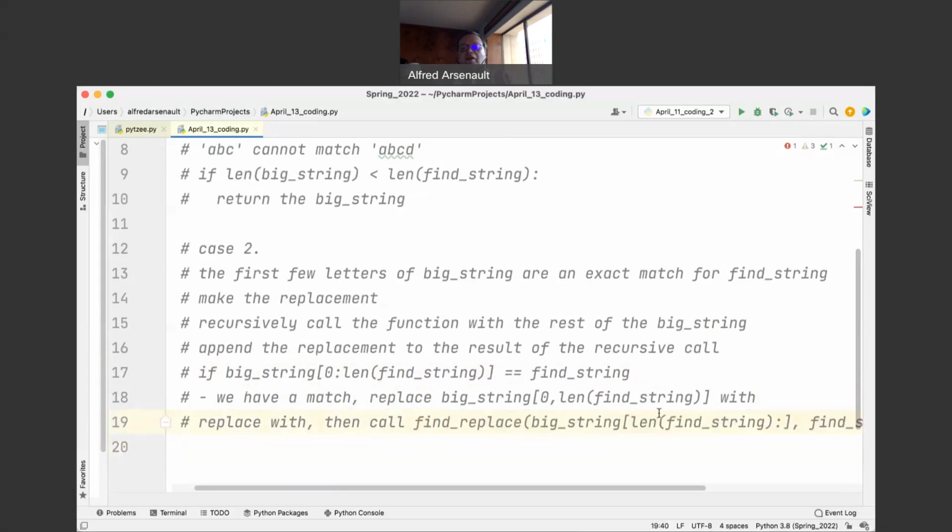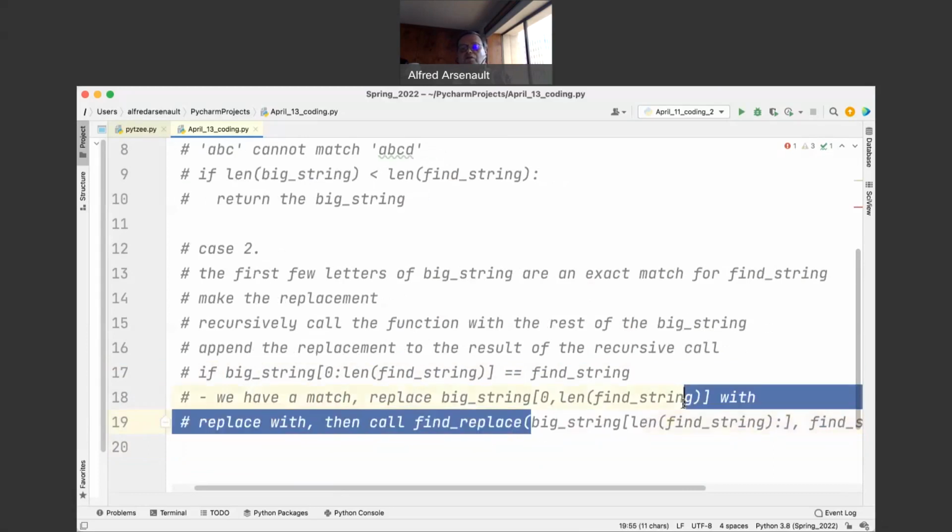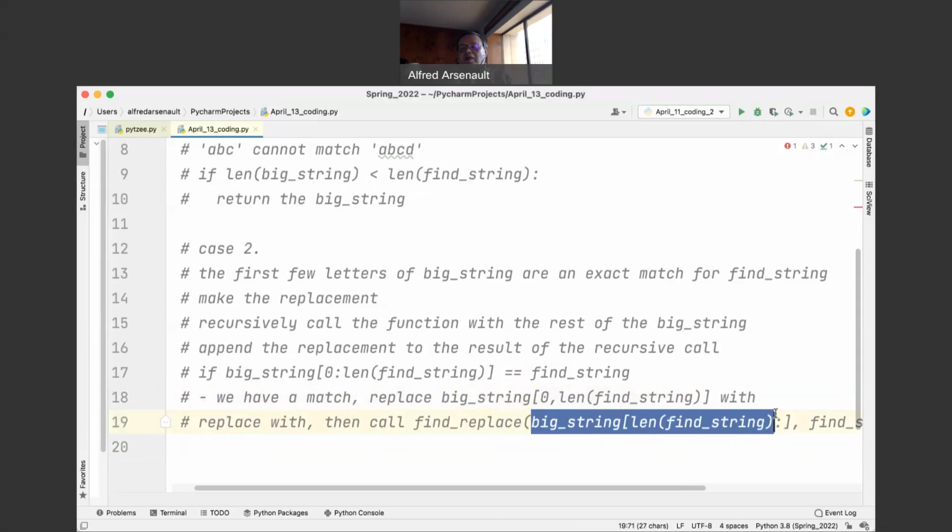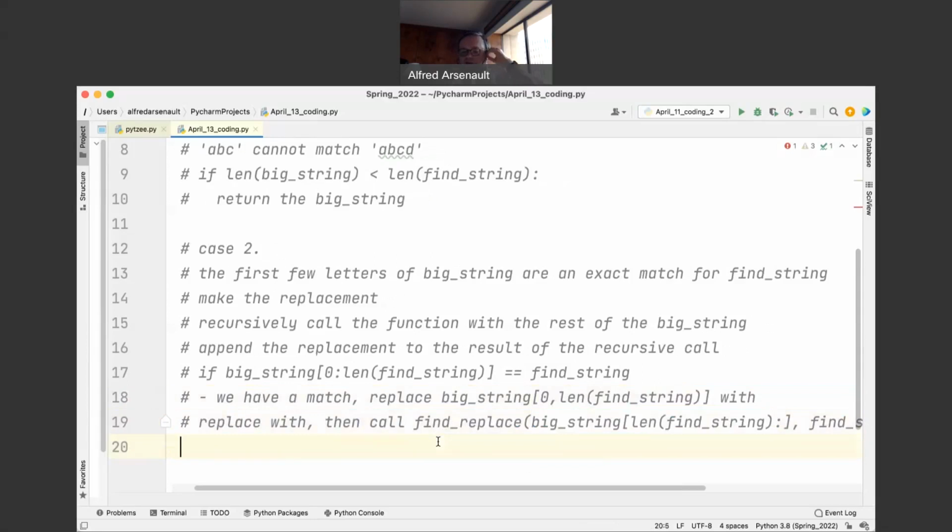Okay, now be very careful with this index. This is the original length of find string. This is the original big string. This is the original length of find string. Make sure you have not changed anything before you make this recursive call. Otherwise, you'll have to adjust your indices. Okay, if you do, not a big deal. It's just a matter of playing around with it for a little bit.